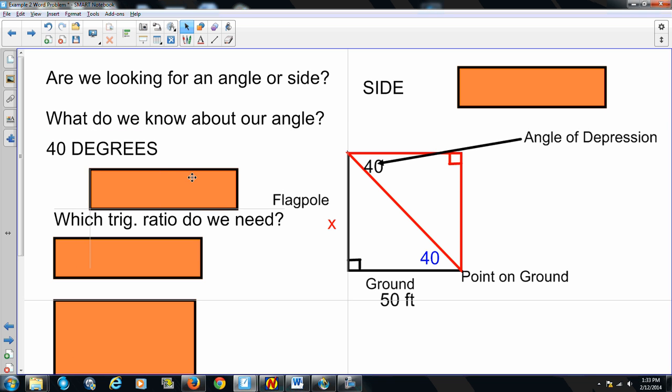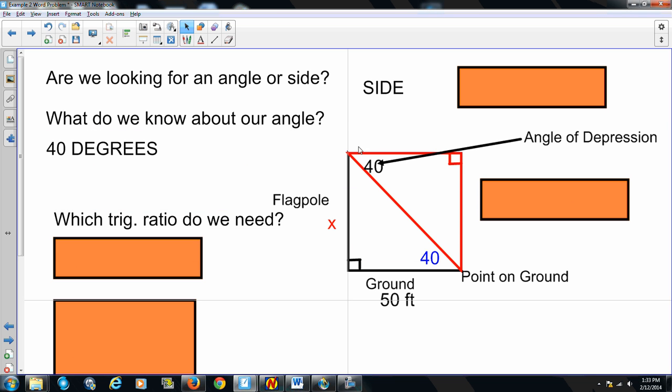So what do we know about our angle? It's 40 degrees, and this is going to be our reference angle. So which trig ratio do we need? Regardless of whether I'm looking at it from this perspective or this perspective, I'm going to type in a 50 right here because I know that's 50 feet, the distance from the flagpole to the point on the ground.